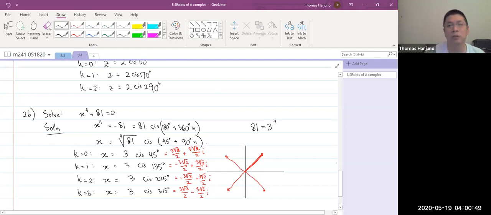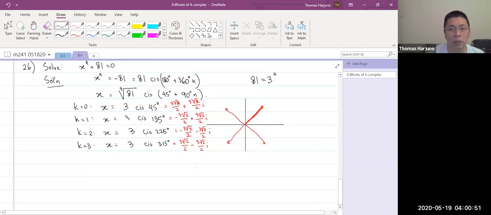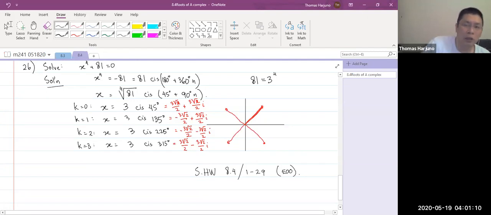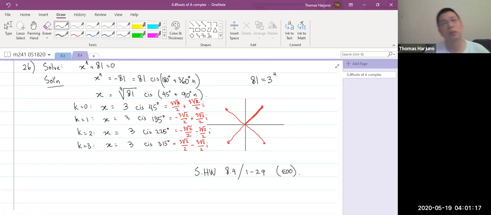Now, suggested homework from here will be 8.4, from number 1 to number 29. Just do every other odd, that's good enough, because this 8.4 is actually the consequence of 8.3, the De Moivre's theorem.